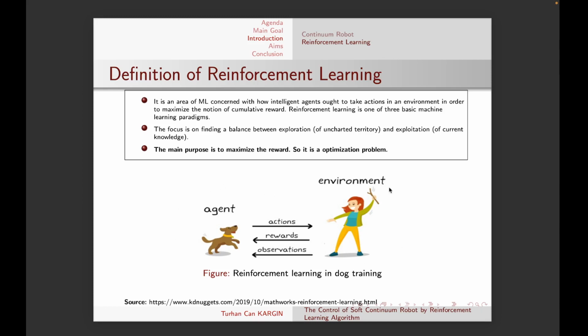And here you can see an example of reinforcement learning in nature. We can teach something to our dog via trial and error, and every time the dog achieves something, we can give the dog a reward, for example food, so that next time the dog will do your task even better.